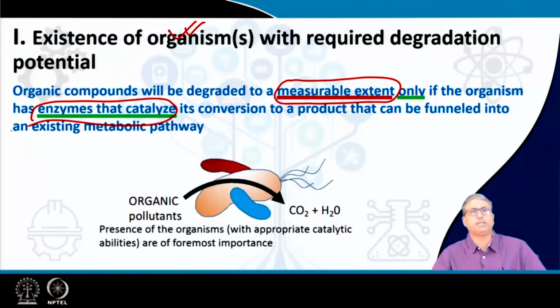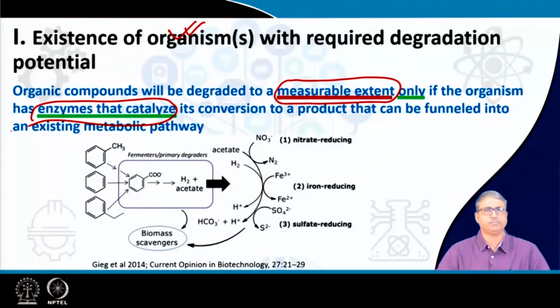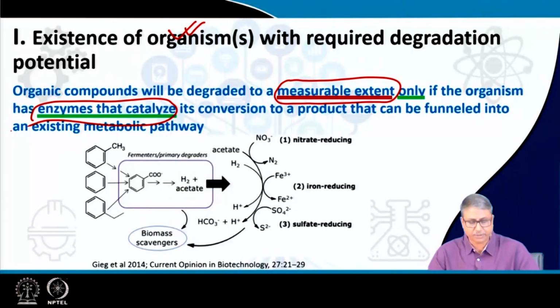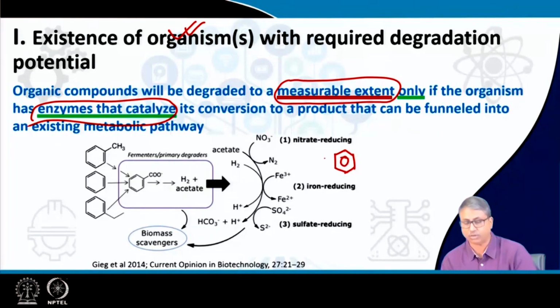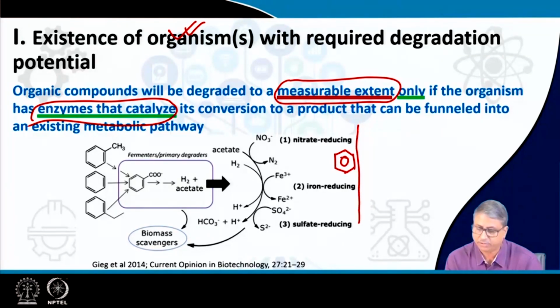The organisms must be capable of producing all the enzymes required for converting the target compound to the product molecule, and the product molecule will be fed into the existing metabolic pathway. Now, before I explain this particular topic or figure, I will also mention that metabolism actually has two steps. In one step, for example, this is the organic pollutant, and here we have the cell.